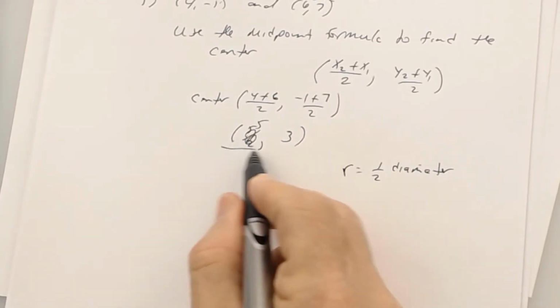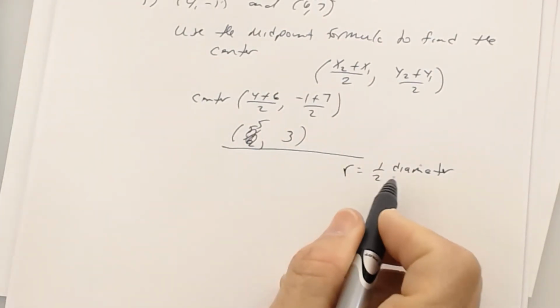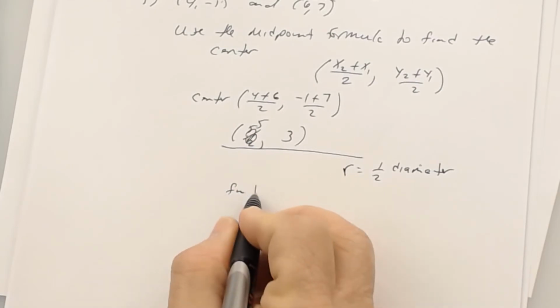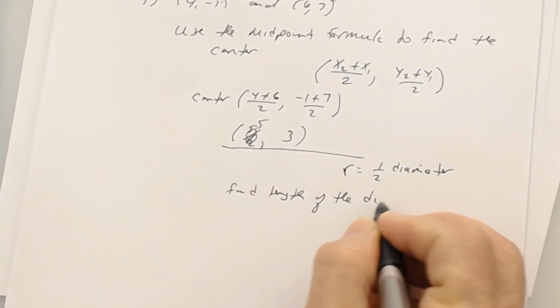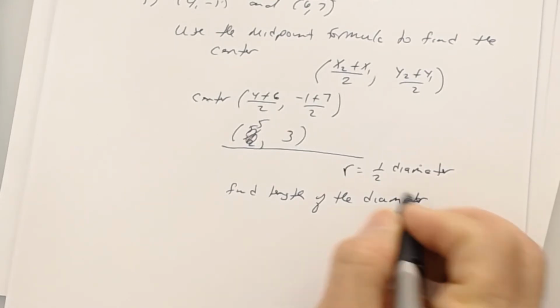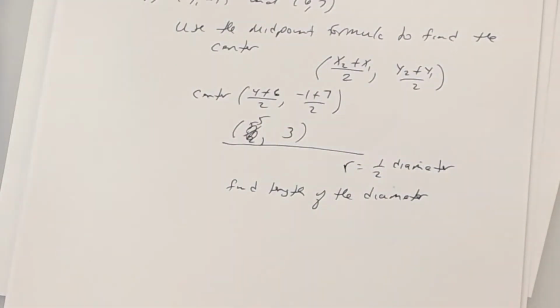So to find the radius, we need to find the length of the diameter. The center is pretty easy to find. It's just the midpoint of the diameter. The radius, you got to do a couple of things. You got to first of all find the length of the diameter using the what formula?